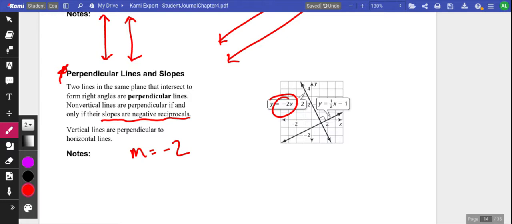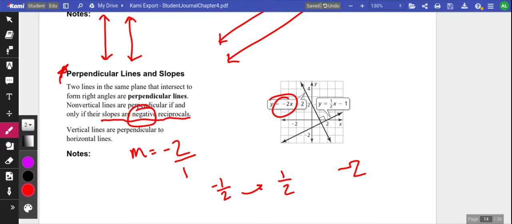You turn it into a fraction. It's a whole number, so I'm going to make this -2/1. Then that's going to be -1/2. But it's not just the reciprocal, it's the negative reciprocal, so I'm going to change that to +1/2. You flip the fraction and you change the sign. That's how you know if something is perpendicular.